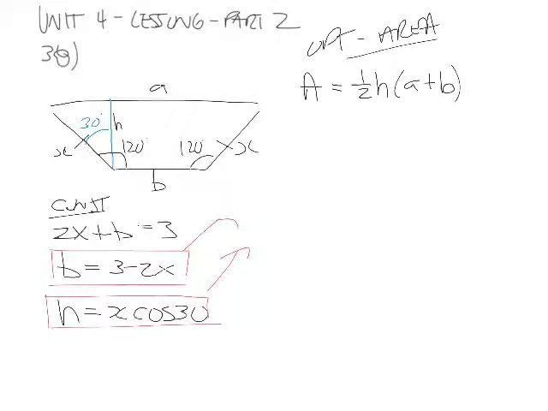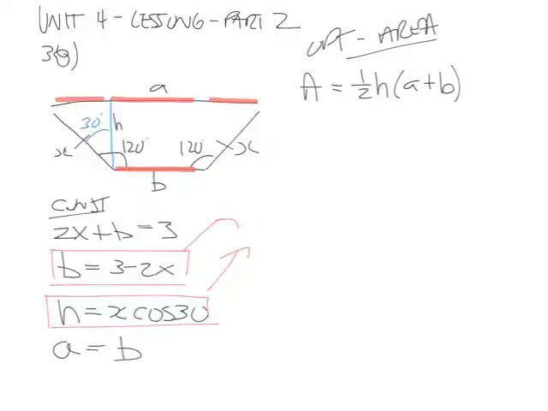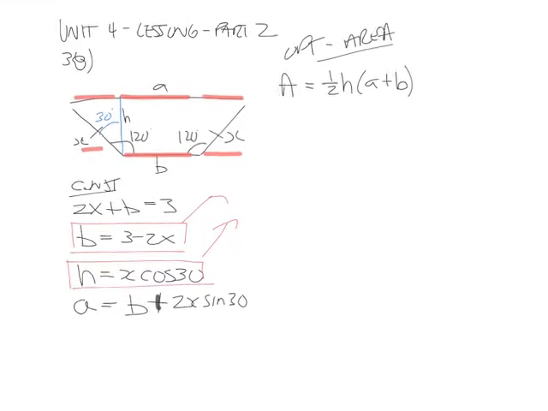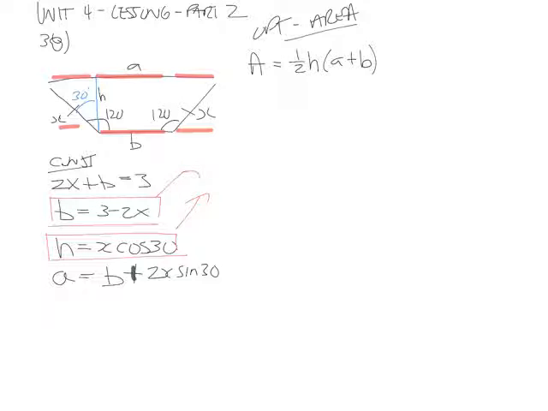Finally, I need to know my a value. My a value is going to equal my base, the b value, plus the two wings, or the x components. So plus 2x sine 30. Now sine 30 is just 1/2 if you plug that into the calculator.